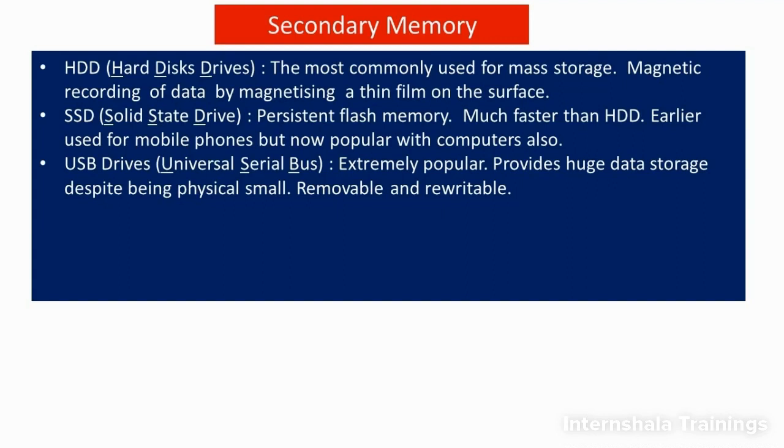It is extremely popular nowadays. It provides huge data storage despite being physically small. They are removable. They can be put into your pocket or in your bag, or taken from one place to another.